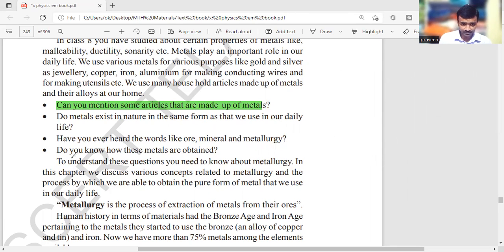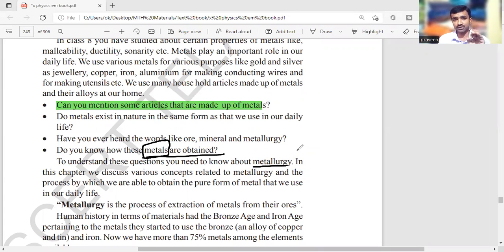Then here, simply, how the metals are obtained, the process, do you know, right? So simply, metals are obtained by chemical and physical processes, right? The principles of how to obtain them, that we are dealing with, are called metallurgy, right?